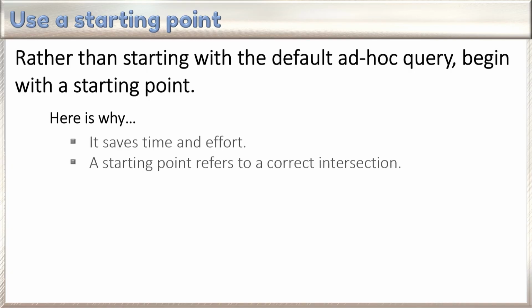That can be laborious and time-consuming. Also, a starting point, that is a form or an existing ad hoc query, refers to a correct intersection. This reduces the opportunity for you to select members that would return either no data or incorrect data.